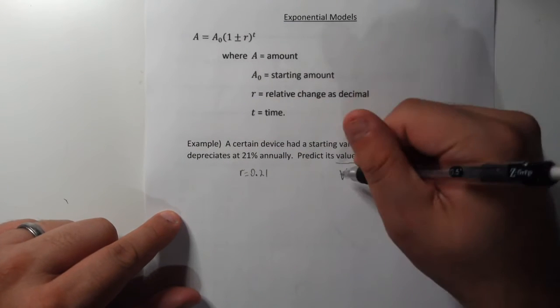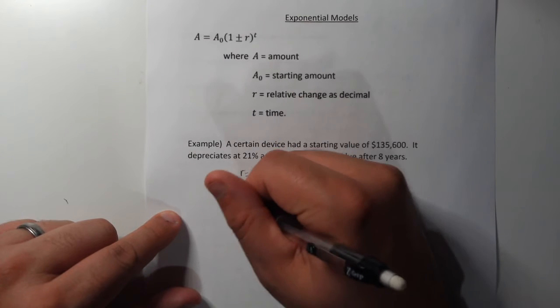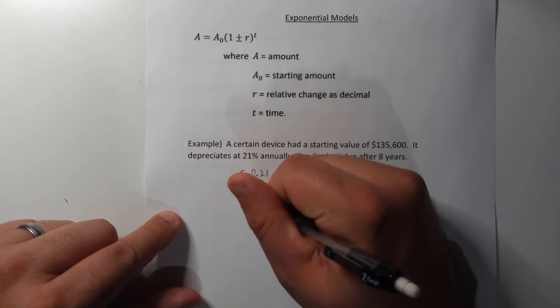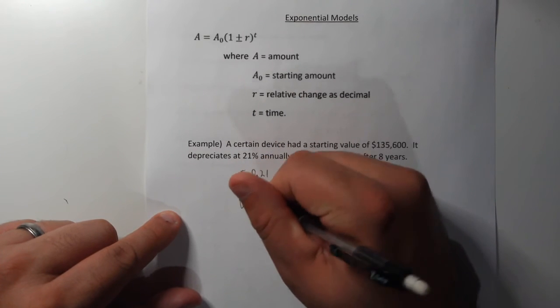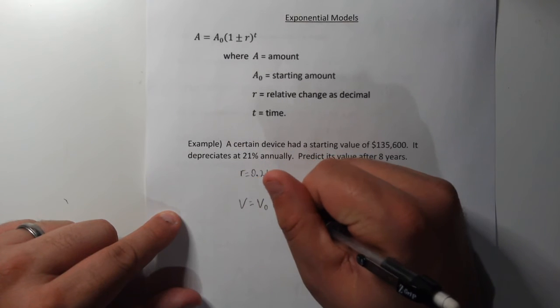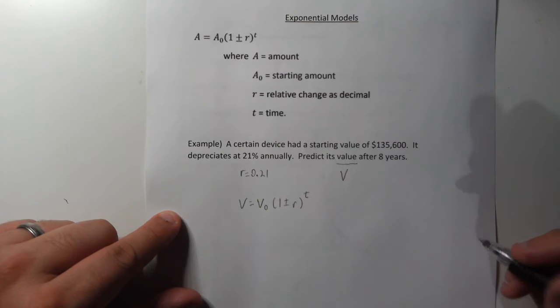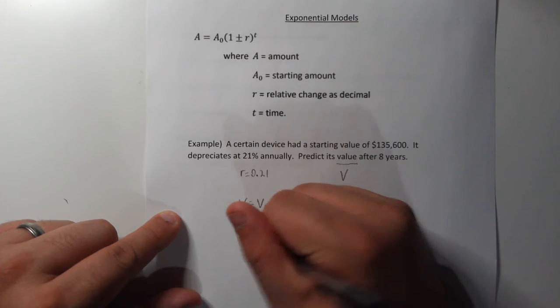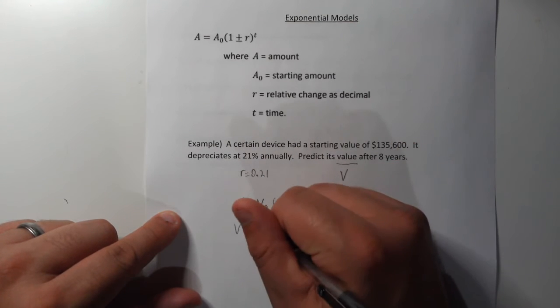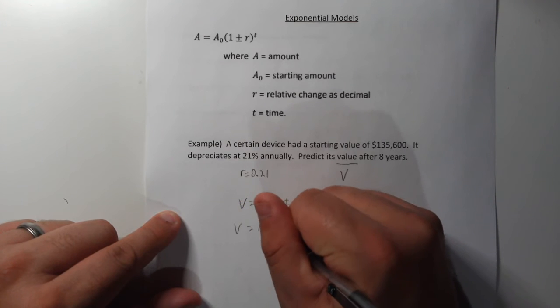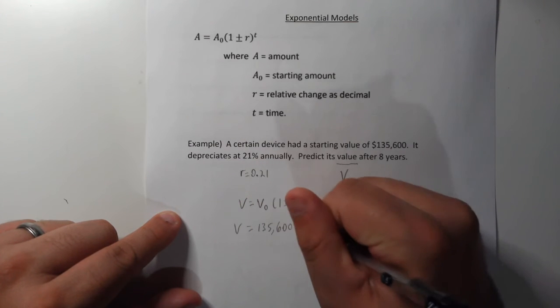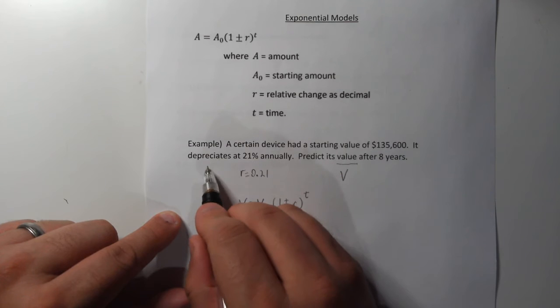So if I'm going to follow this notation adapted for V, it'd be V equals V sub 0, the original value, times 1 plus or minus R to the tth power. Well, the original value is $135,600, and it's a depreciation.